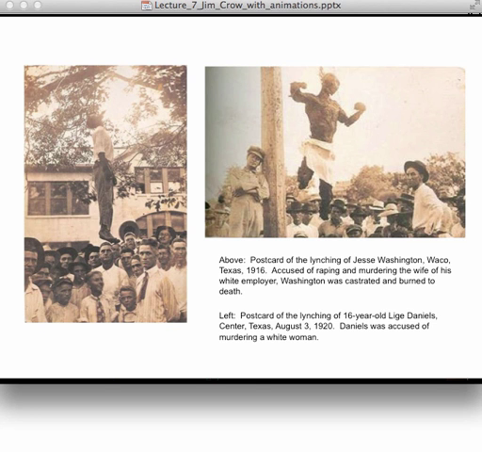On the left, you see a lynching that was carried out against Lige Daniels in the town of Center, Texas, in 1920. And Daniels was hanged by the white community, as you can see there, watching his body hang from a tree, because he was accused of murdering a white woman.